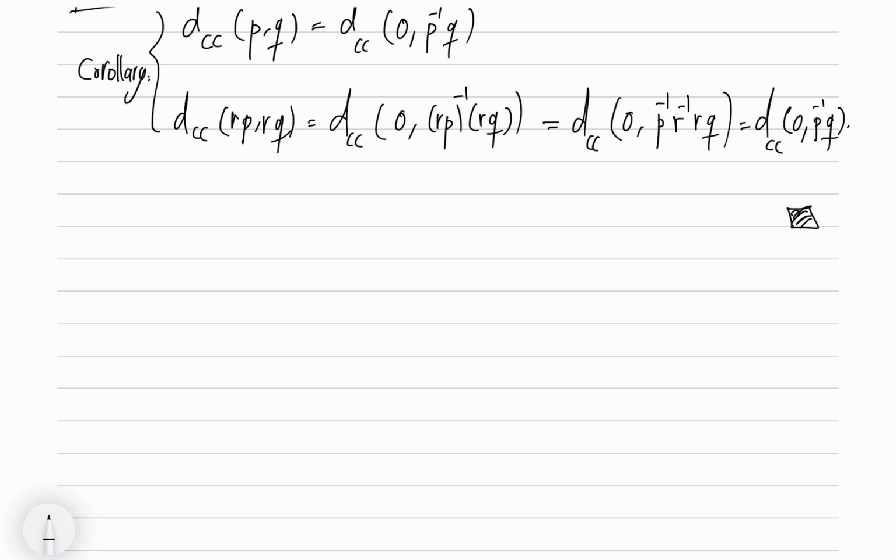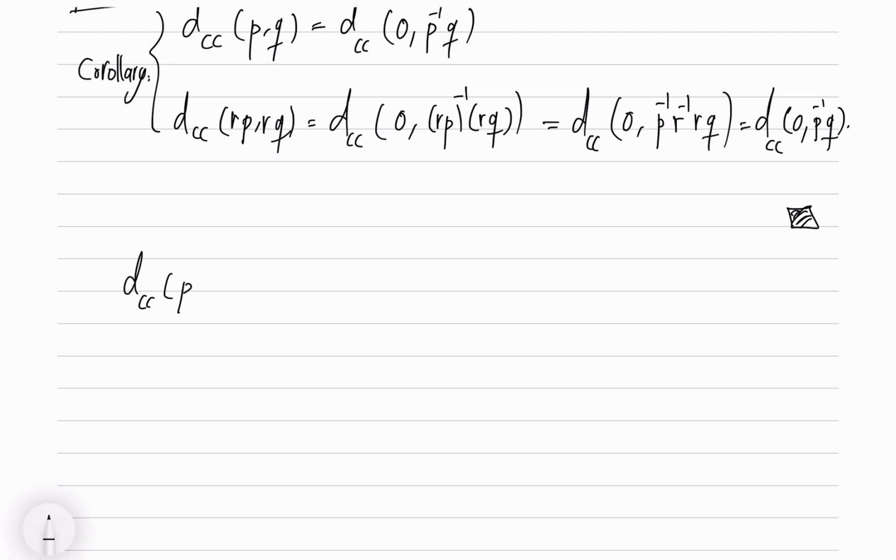In fact, it's not uniquely geodesic, but we can characterize exactly for which points it is not. And again, if we do the analysis with just the origin, we can always left translate to other locations as well.